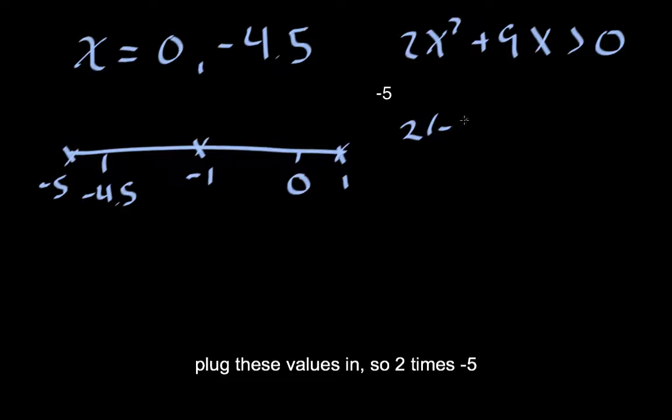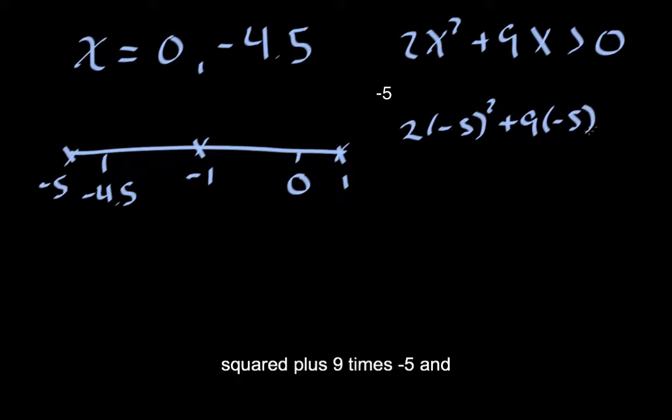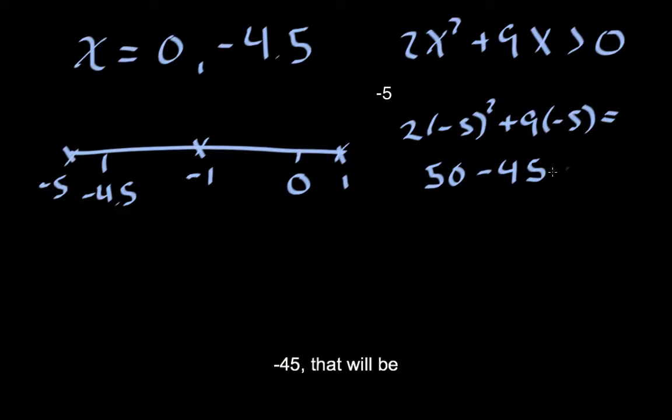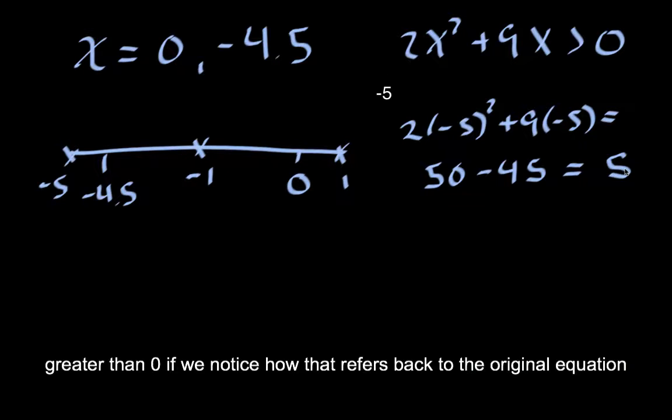So 2 times negative 5 squared plus 9 times negative 5, and negative 5 squared is 25, times 2 is 50, and then 9 times negative 5 is negative 45. That will be positive 5. And 5 is greater than 0.